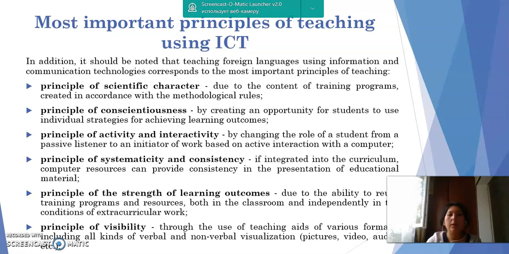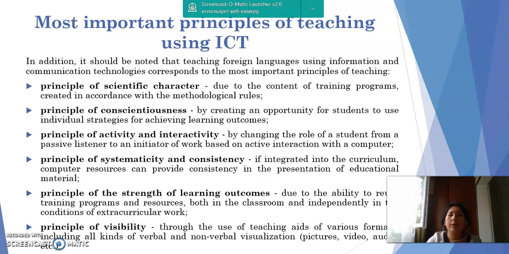The third one, the principle of activity and interactivity, by changing the role of a student from a passive learner to an initiator of work based on active interaction with the computer. The fourth one, the principle of systemicity and consistency. If integrated into the curriculum, computer resources can provide consistency in presentation of educational material.